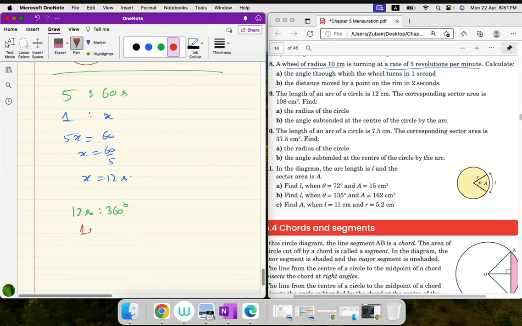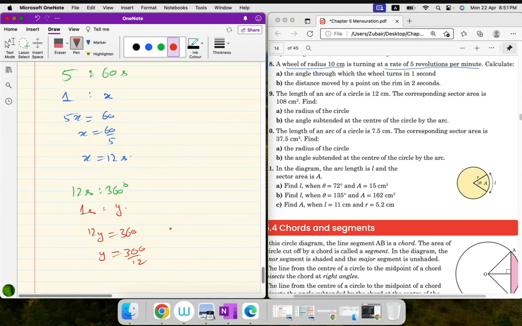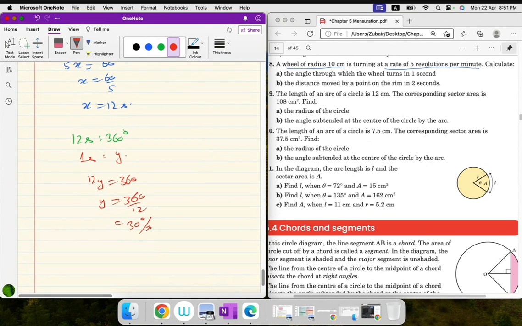So in 1 second that would make y degrees. I'm just using a different variable. So 12y is equal to 360, y is equal to 360 by 12. Simple unitary method, which gives me 30 degrees per second. That was A part.